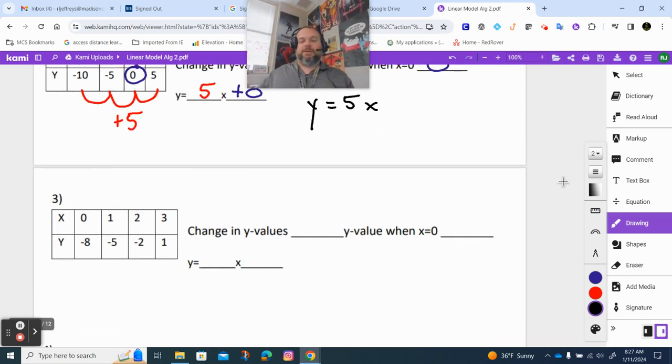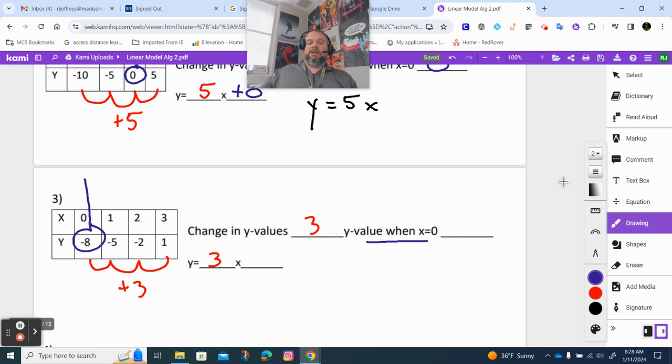All right. So, number 3. So, change in y values. This goes -8, -5, -2, 1. All right. So, we're adding 3. So, that's our a value. Our k value, so that is -8.